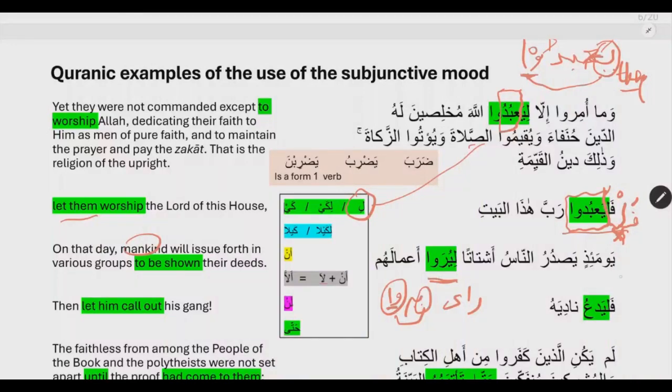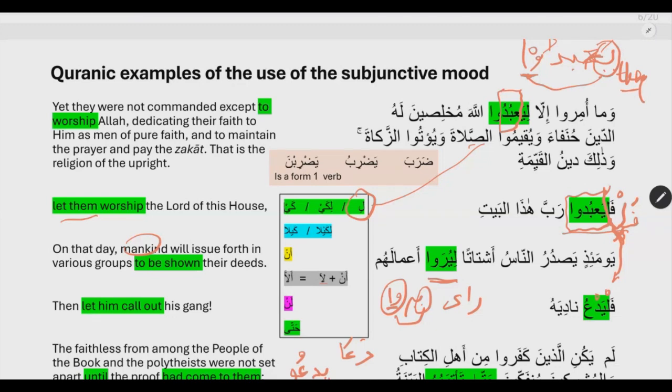But in this example, fal-yad'u nadiyah, 'then let him call'. Again, the same rule of the fa and the lam taking a kasra comes in this ayah as well: fal-yad'u. Da'a is to call upon somebody. Like you have the word da'wa, which is an invitation. So da'a is to call out to somebody, and that's why you have fal-yad'u. So this verb da'a is yad'u in the present tense.